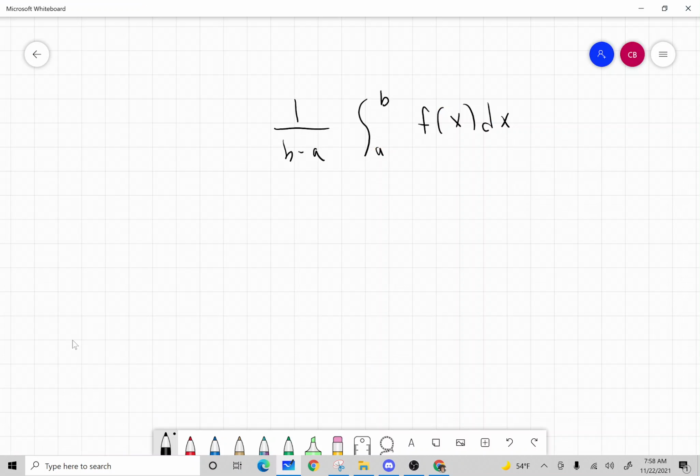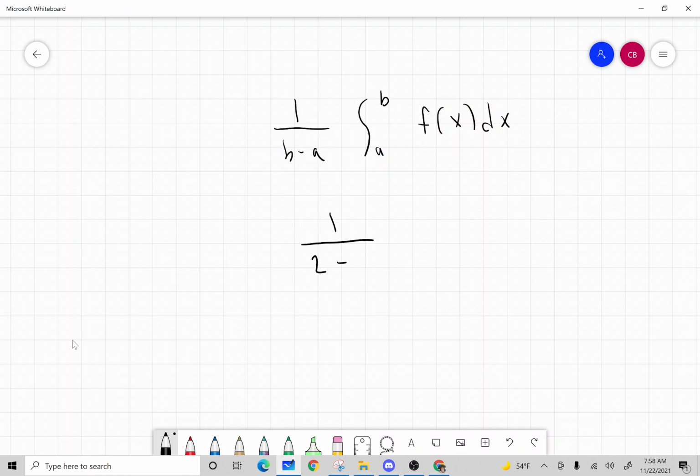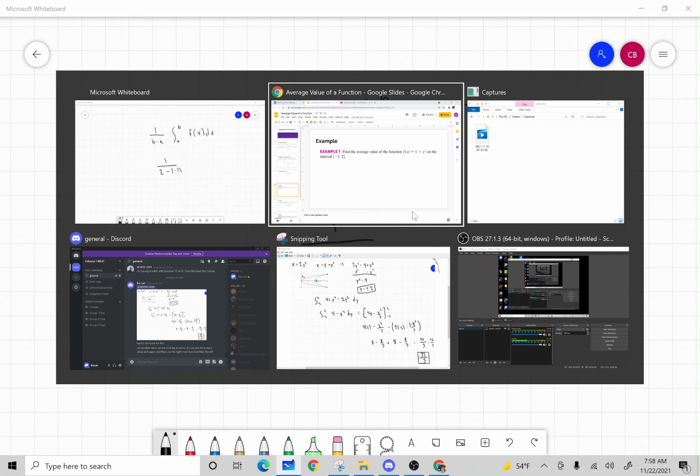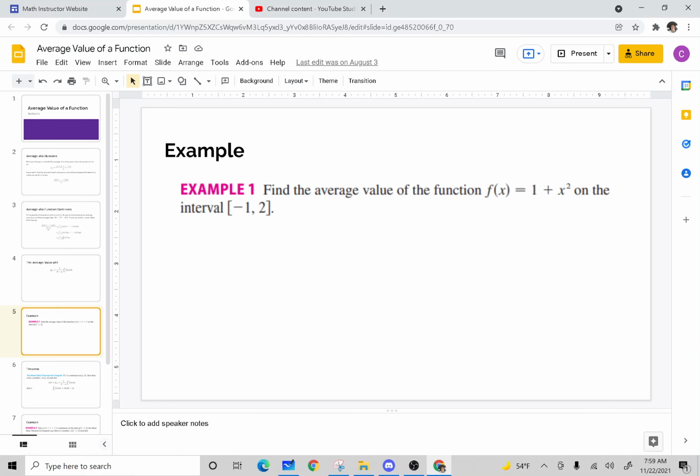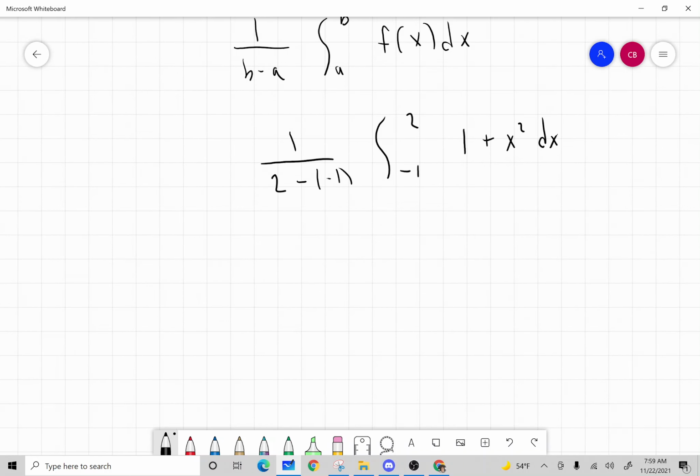So we have 1 over 2 minus -1, the integral from -1 to 2 of 1 plus x squared dx. Very nice and neat function. This is going to be 1 over 2 minus -1, which is 3, times the integral from -1 to 2 of 1 plus x squared dx.